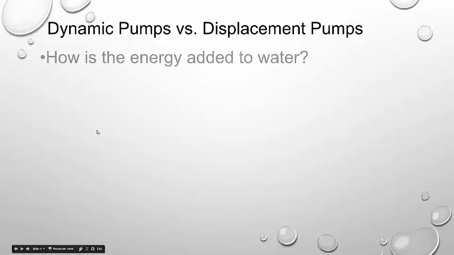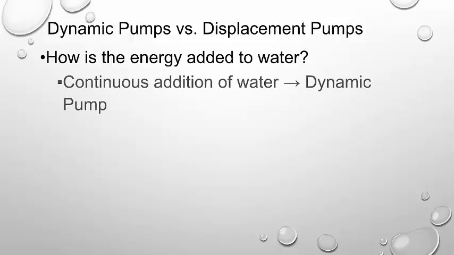What you need to be asking yourself is, how is the energy added to the water? And that may not make any sense right now, but that's really how we classify these. Okay, if we're continuously adding energy to a pump, we now have a dynamic pump.